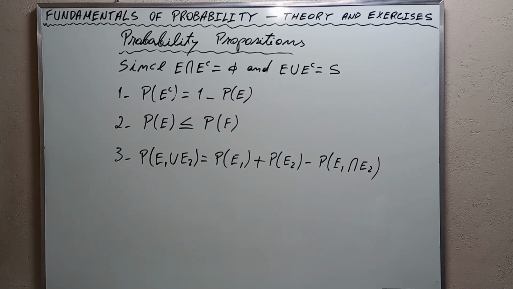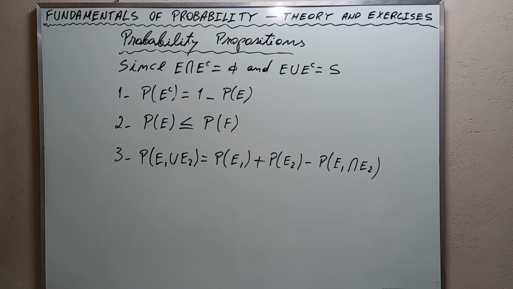Proposition number 2, if E is contained in F, then the probability of E is less than or equal to the probability of F. Proposition 2 states that if the event E is contained in event F, then the probability of E is no greater than the probability of F. It tells us, for instance, that the probability of a six-sided die landing with number 1 facing up is less than or equal to the probability of obtaining an odd number. Okay?